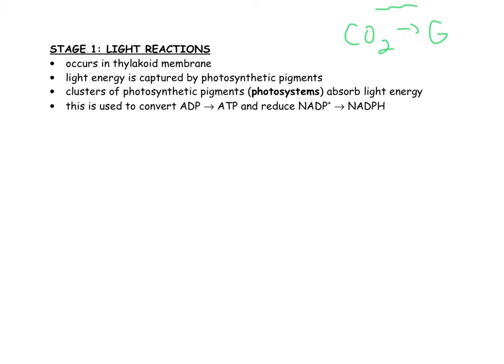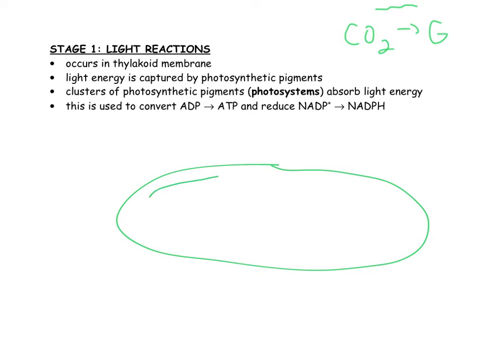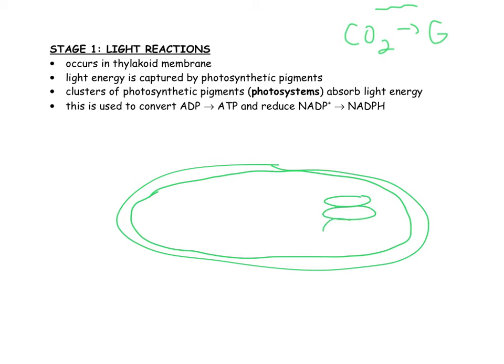So you'll remember, just to quickly draw here, we'll have our double-membraned chloroplast, and then we'll have our thylakoid discs arranged in grana. And so really, the light reaction is happening right in that part of our chloroplast. There we go.